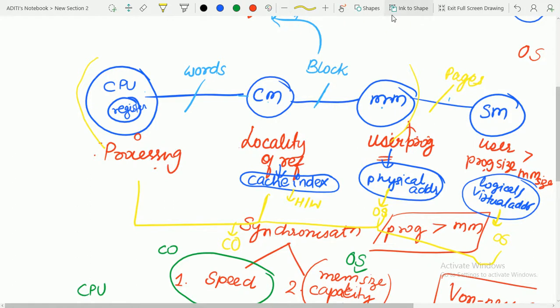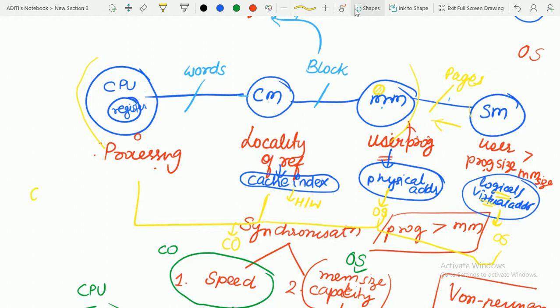From the OS point of view, the CPU generates the logical address, because the data is present in the secondary memory. For CO, we are fetching the data from main memory, considering that the data is there, and we are generalizing that the CPU generates the physical address.